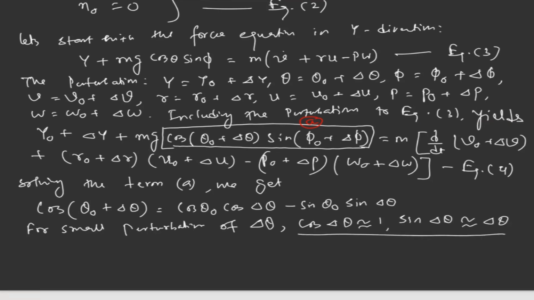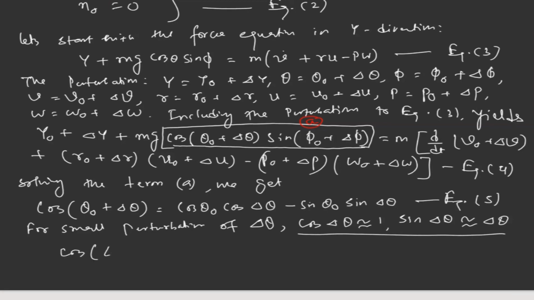So introducing this in equation 5, we can write cos of theta naught plus delta theta as cos theta naught minus delta theta sine theta naught.